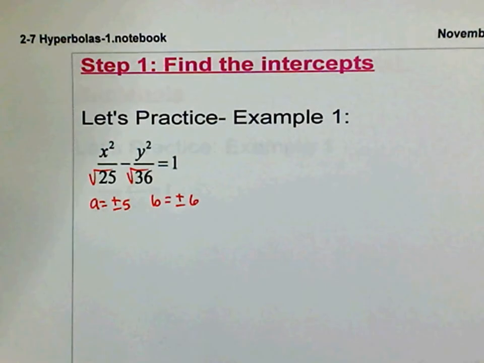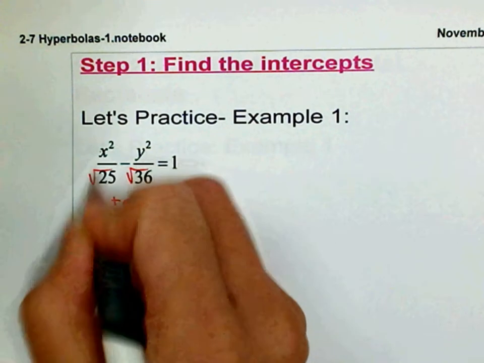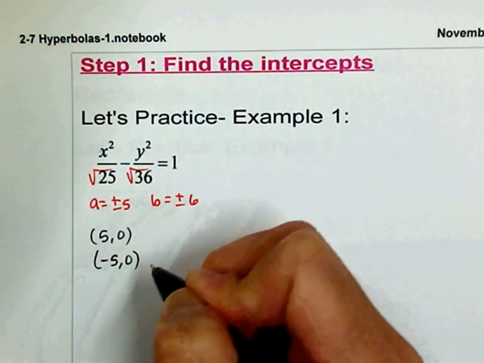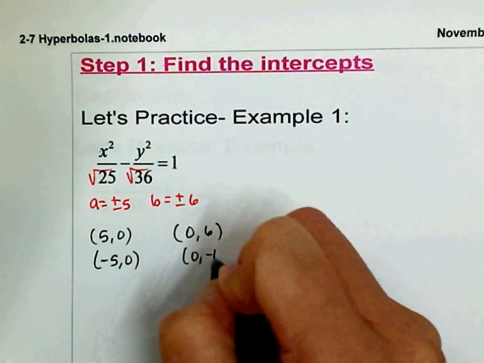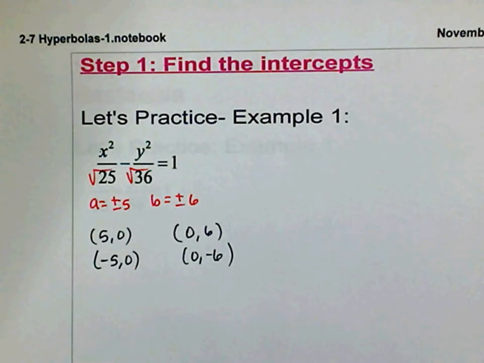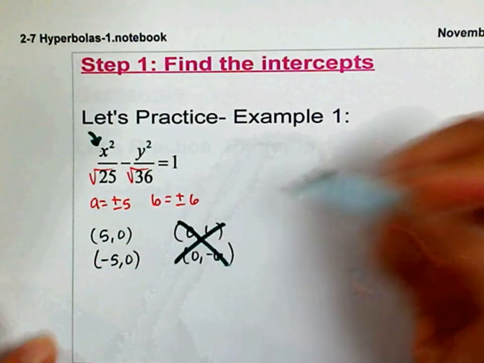Now, if it's a, it goes with x, so it would be (5, 0) and (negative 5, 0). For b, it would be (0, 6) and (0, negative 6). Notice which one comes first, the x squared or the y squared? Which one is positive? It's the x squared.